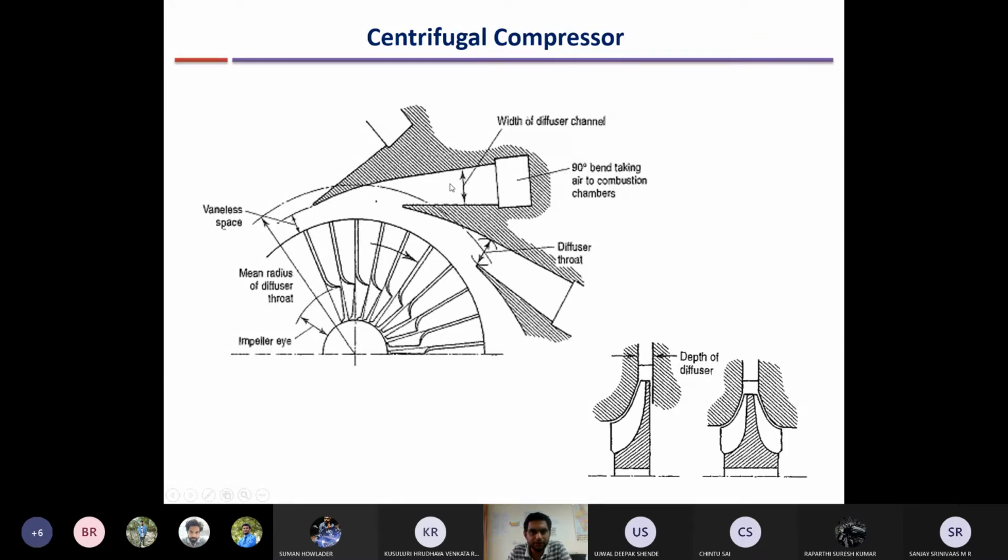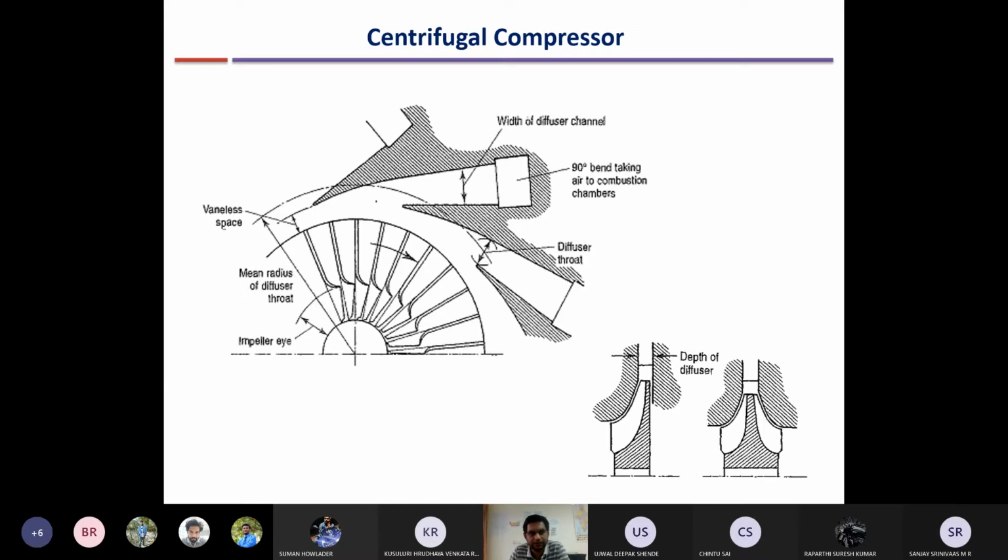The purpose of the impeller is to accelerate the flow to a high velocity, but because the cross-sectional area between the vanes also increases, you can see that the cross-sectional area here is less as compared to here, the space between the vanes increases. So there is some increase in the static pressure also. It acts like a diffuser as well as increasing the velocity. Both things occur simultaneously.